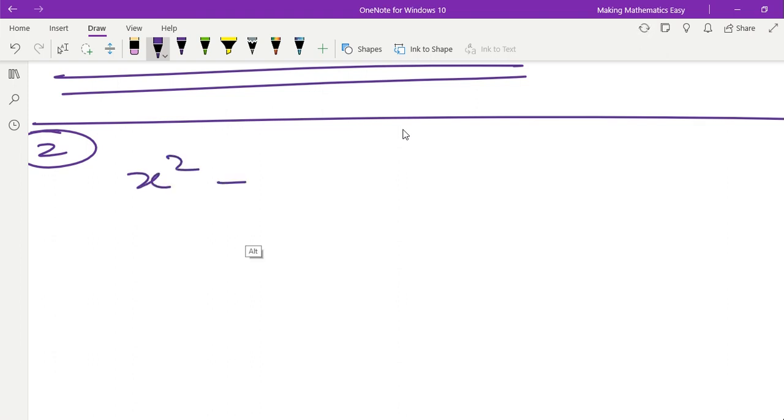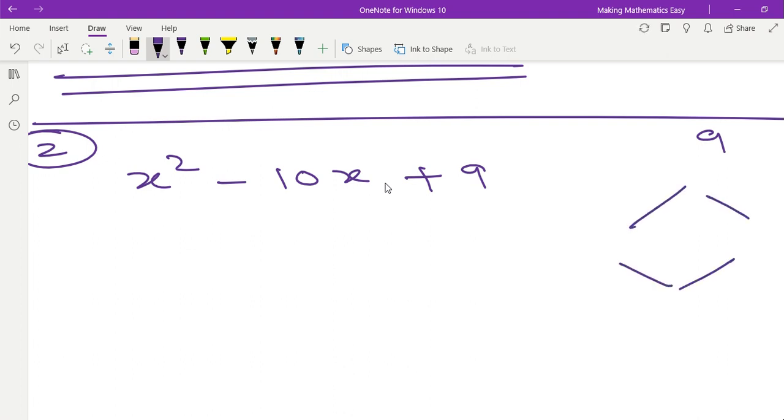So I have x square minus 10x plus 9. You have 1 over here, so you do not have any problem. So this is 9 plus 9, and this is negative 10. Now you need to find two numbers, the multiplication of which should be plus 9, and addition or subtraction should be 10.